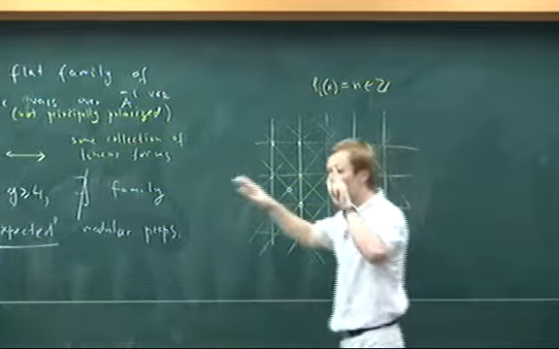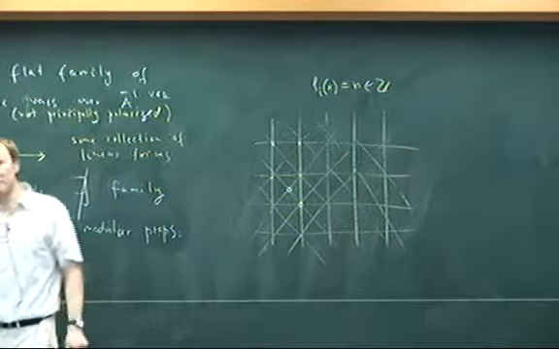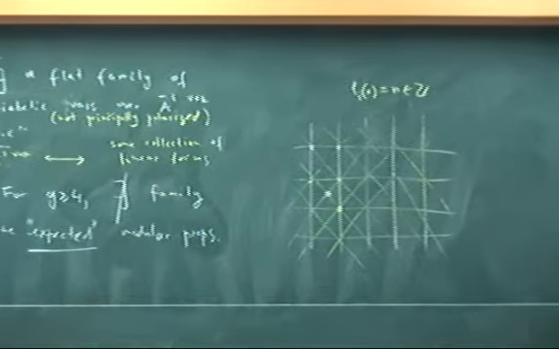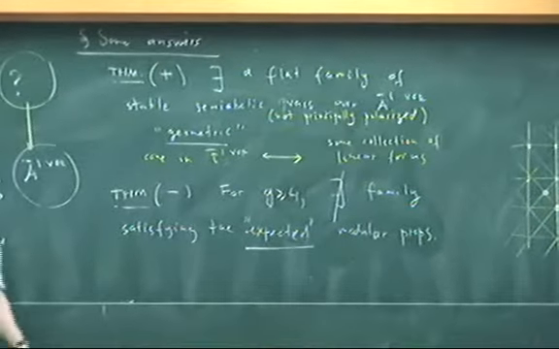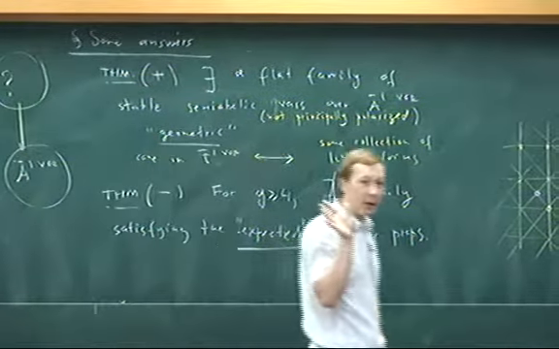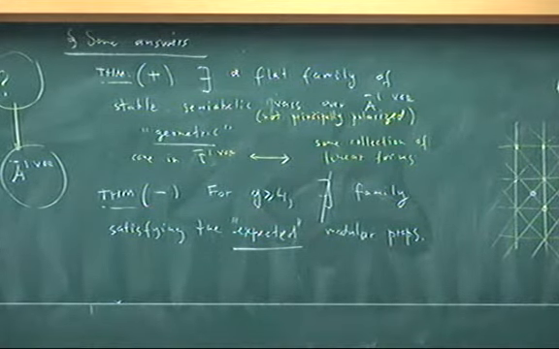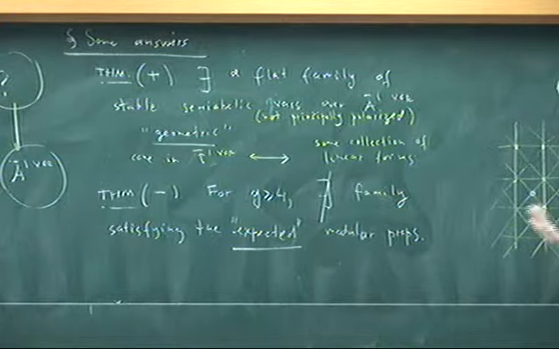Over the second Voronoi, there is a family which is principally polarized, which extends the family of principally polarized abelian varieties. They all come with a line bundle whose top degree is g factorial.